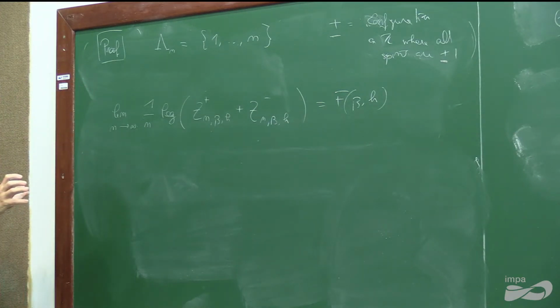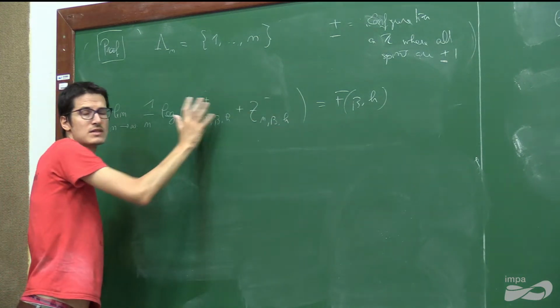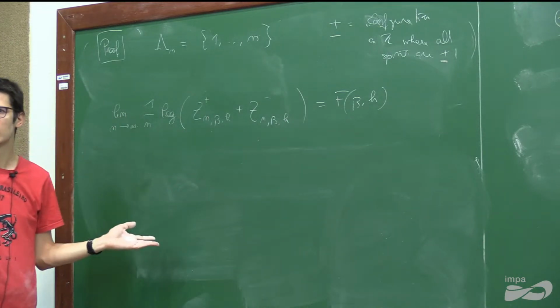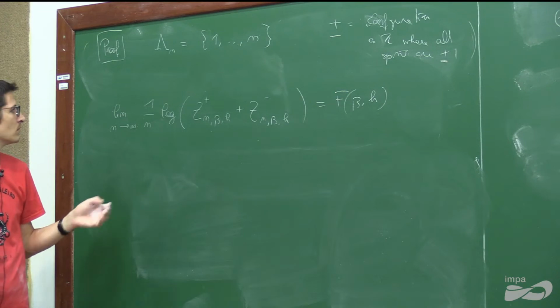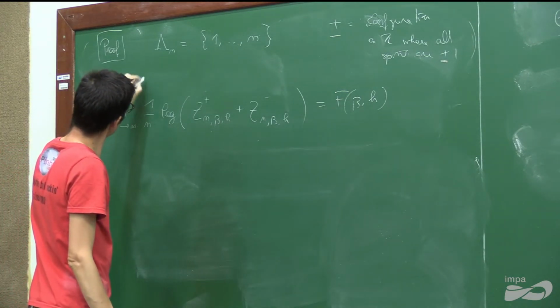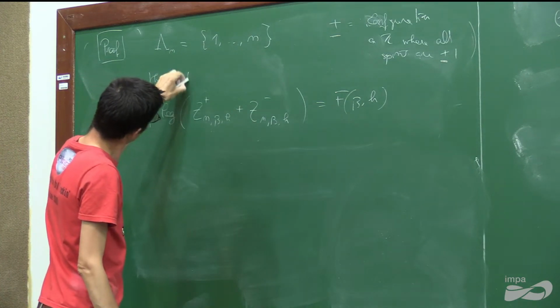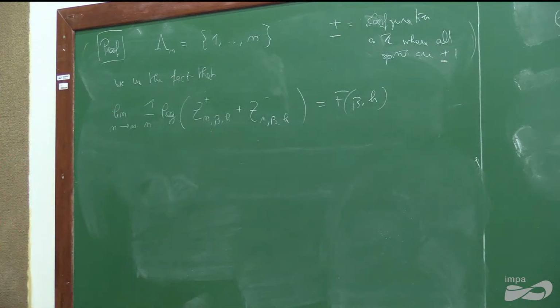You can just check that if individually the two converge to this, then taking the sum, it converges to the same thing. So just check that this holds.